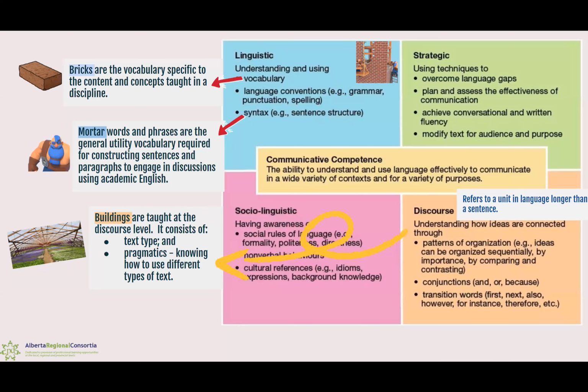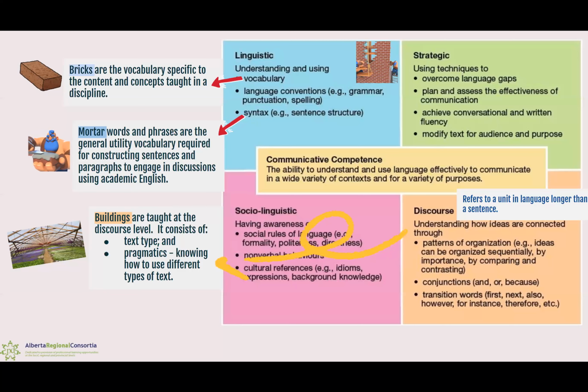You'll see that there's a linguistic quadrant, a strategic quadrant, a sociolinguistic quadrant, and a discourse quadrant. But I'm going to tie it in a little bit to that. Susan Dutrow and Jeff Sweers talk about bricks, mortar, and buildings, an architectural sort of model. If we think about bricks, those are the vocabulary that's specific to the content and the concepts taught in a discipline.